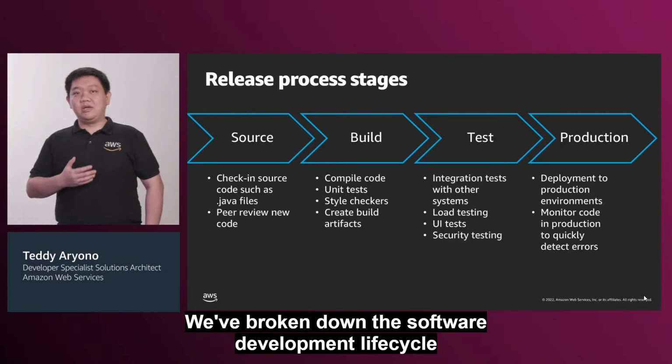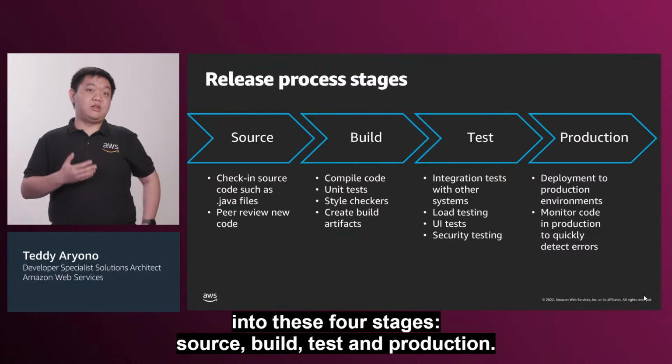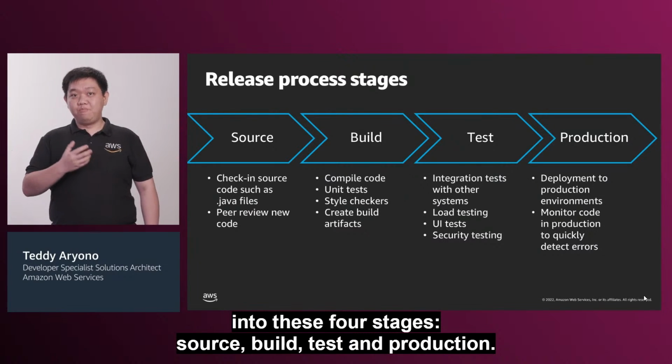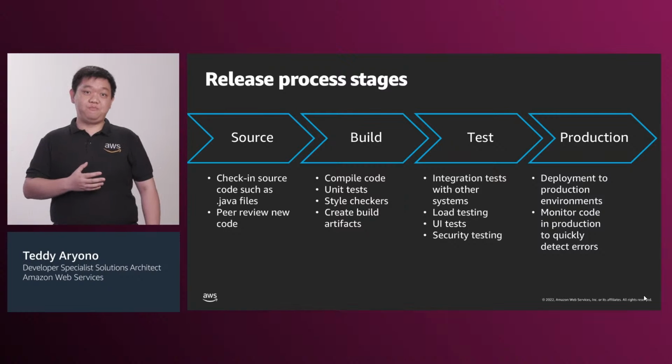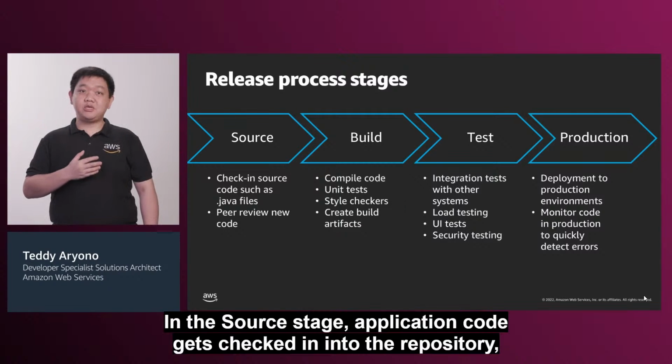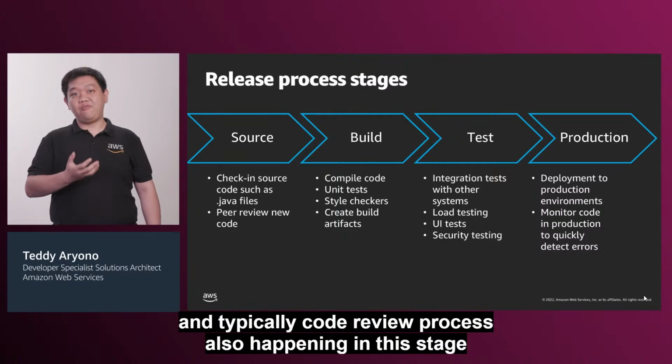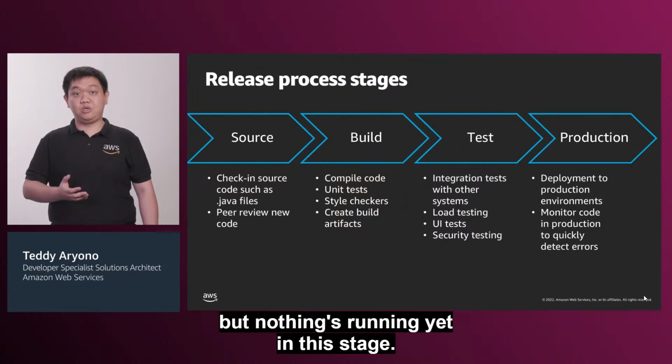We've broken down the software development lifecycle into these 4 stages: source, build, test, and production. In the source stage, application code gets checked into the repository, and typically the code review process also happens in this stage, but nothing's running yet in this stage.